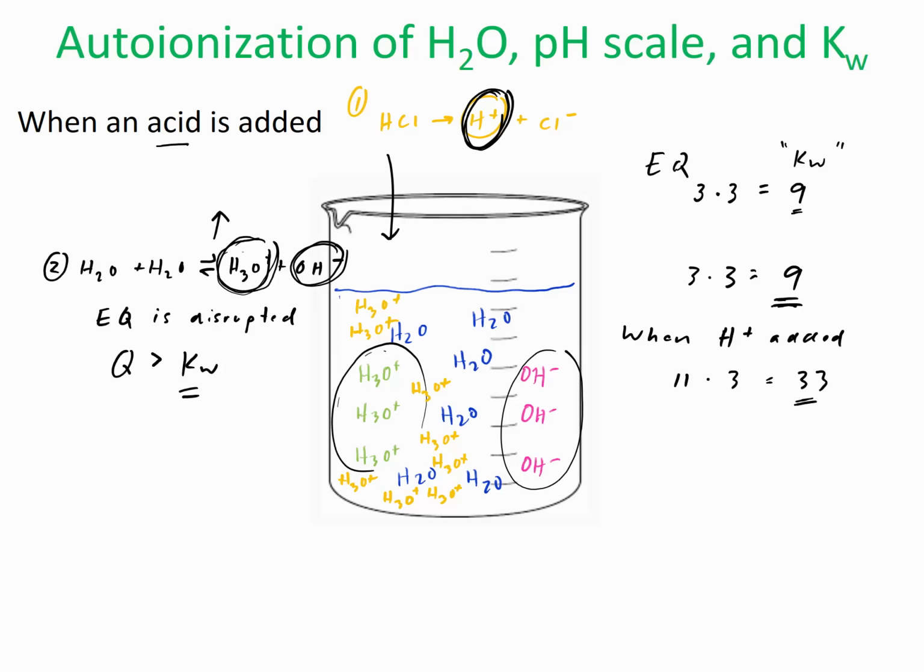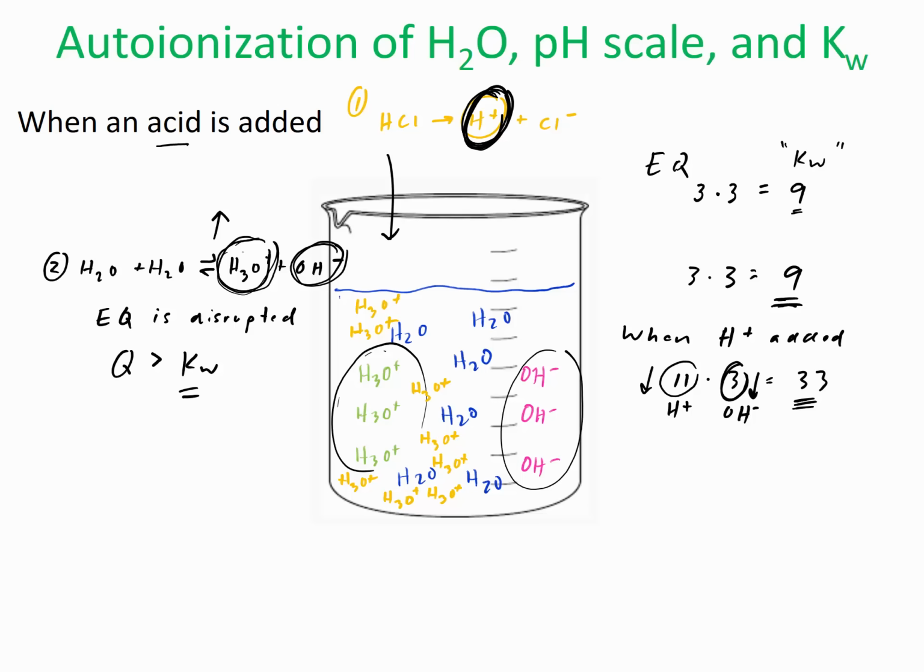So when you multiply them, this is our H plus and this is our OH. So this was 3, and now, since we spiked it up by adding the acid, now we're way too high. So this number needs to go down, and then this number also will go down.